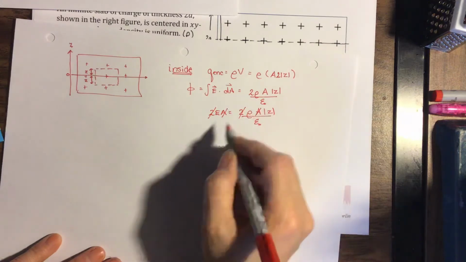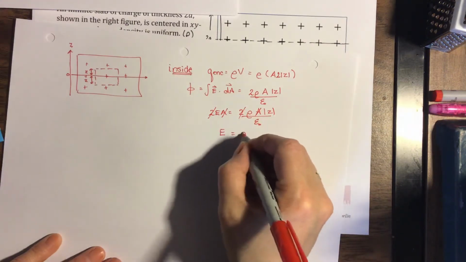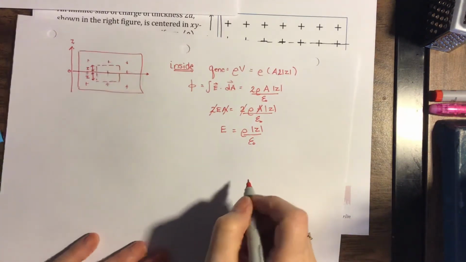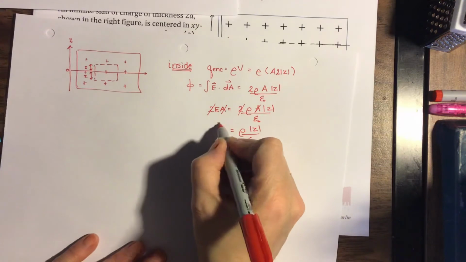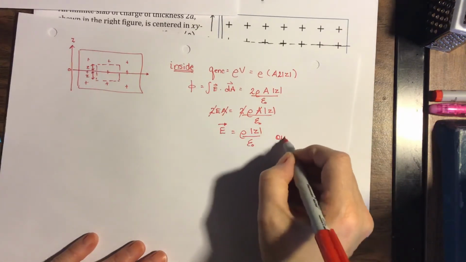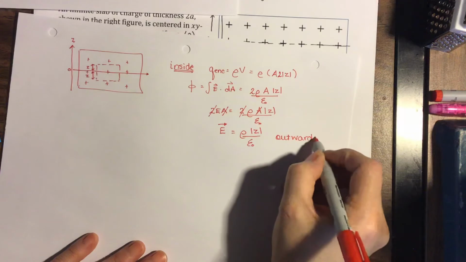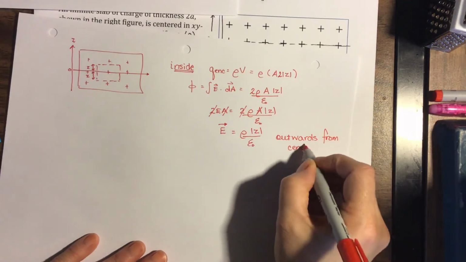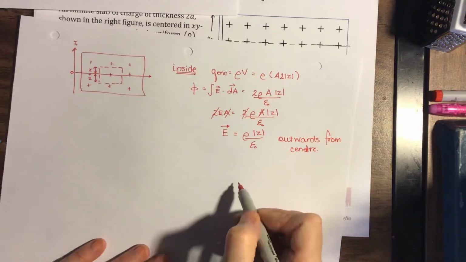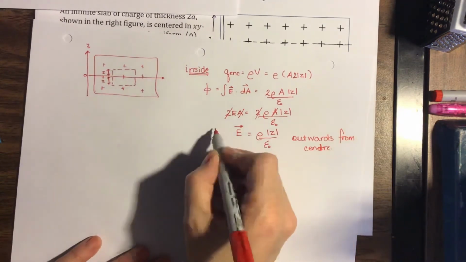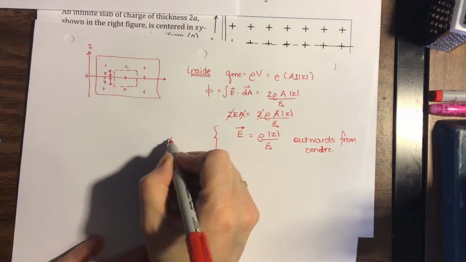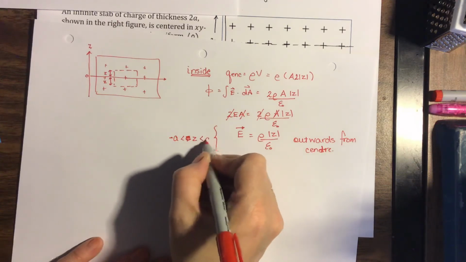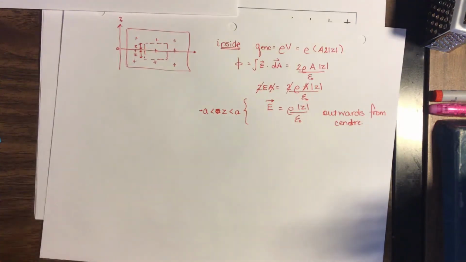We have an A on either side. We're left with that the electric field is the density times Z over epsilon naught. Electric field is a vector, and the direction of my electric field vectors is outwards from the center. Okay, so this is my result when I'm inside the block. So this is true between minus A and plus A. Okay, let's do outside next.